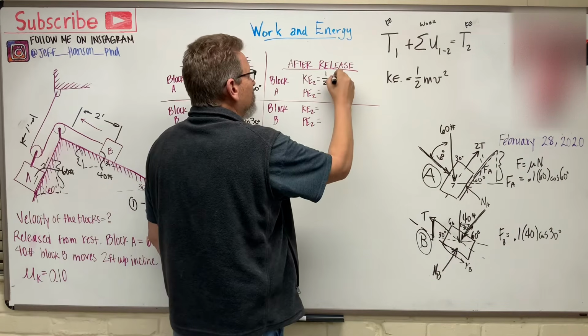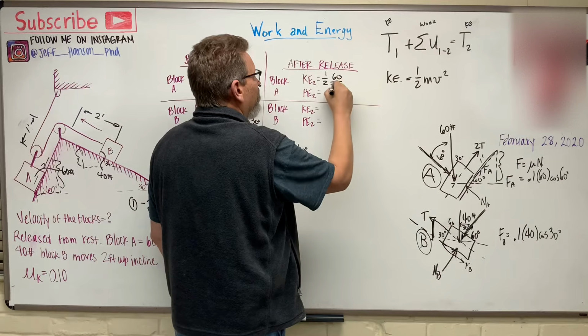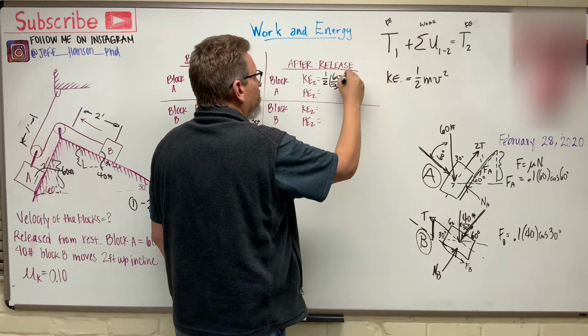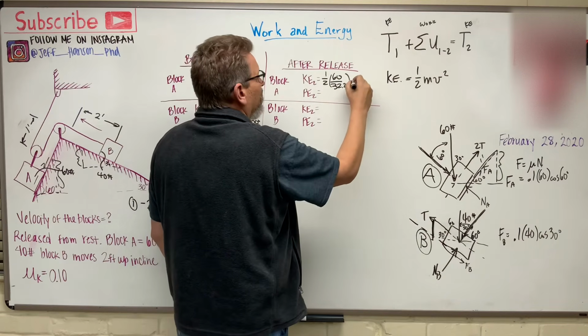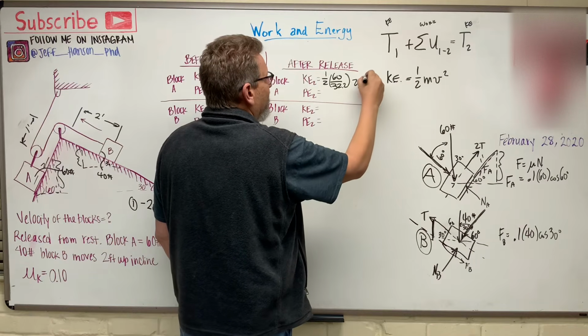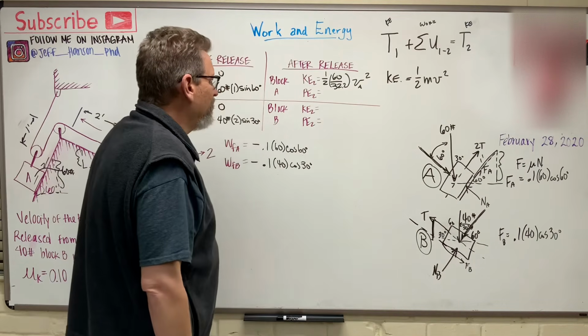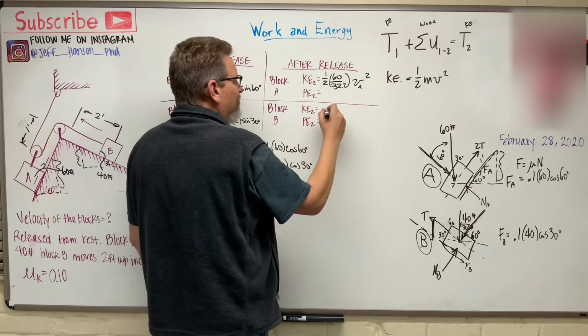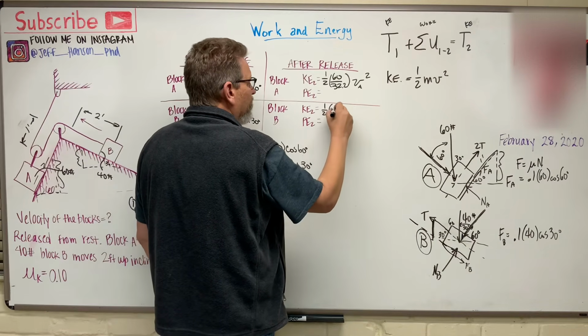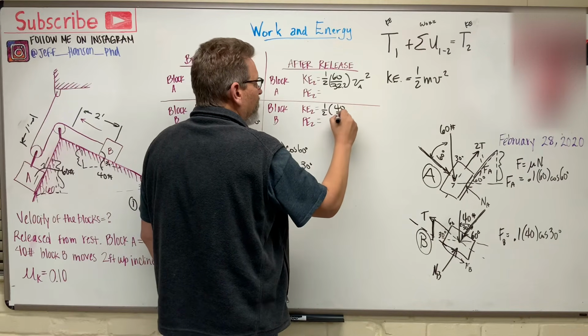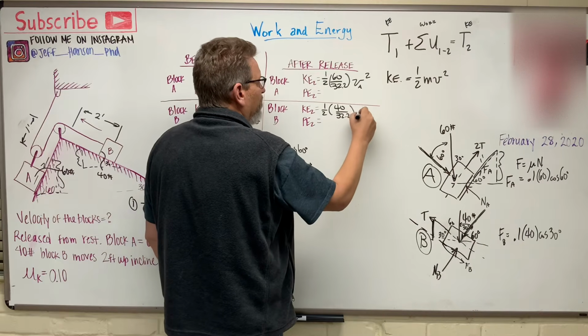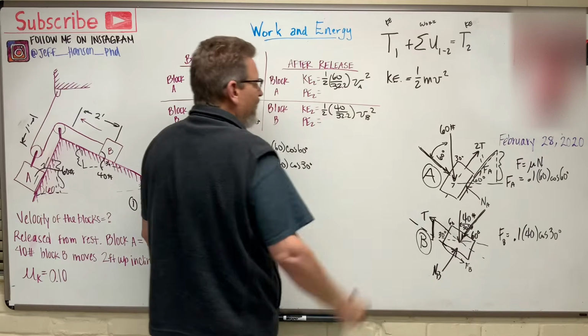So that's going to be 60 divided by 32.2, times the velocity of block A squared. And then block B, same thing: 1/2, 40 divided by 32.2, velocity of block B squared.